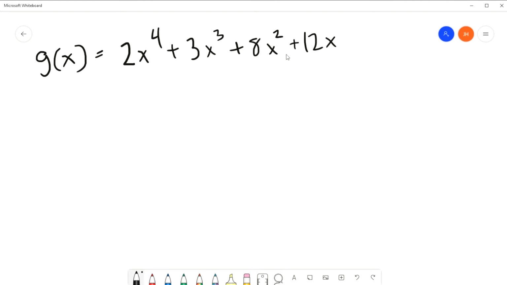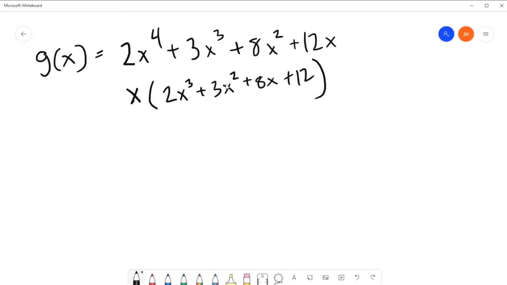What do all these terms have in common? They all have an x. So I'm going to factor x out of this polynomial first. So I would have x times 2x cubed plus 3x squared plus 8x plus 12.